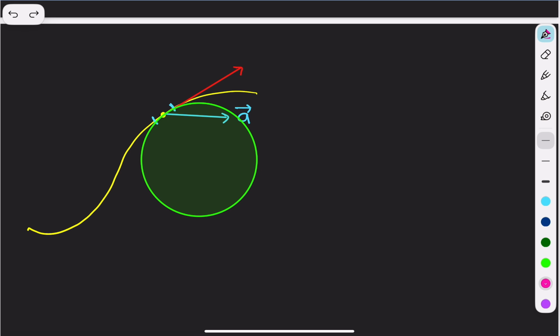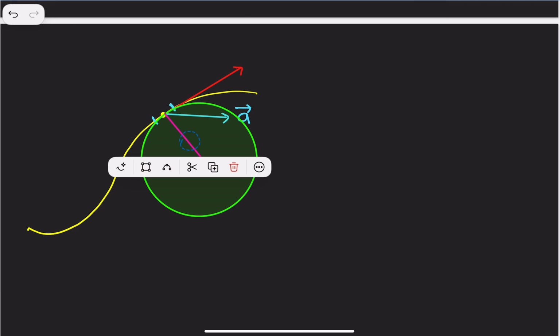Yes or no? So it will be having some centripetal acceleration. Just let me make this. So this will be having some centripetal acceleration, and of course this centripetal acceleration will be a component of the net acceleration. Then only it can perform this part of circular motion.